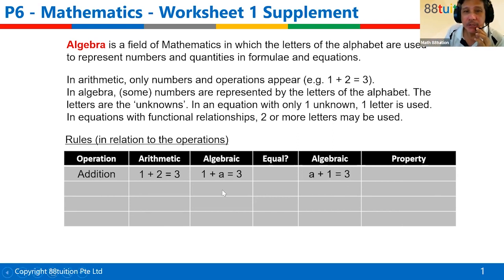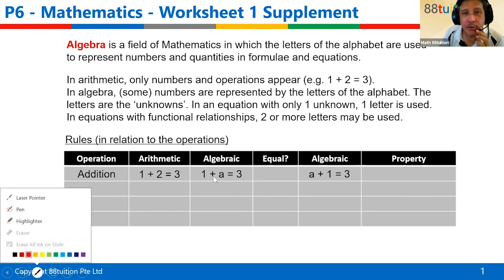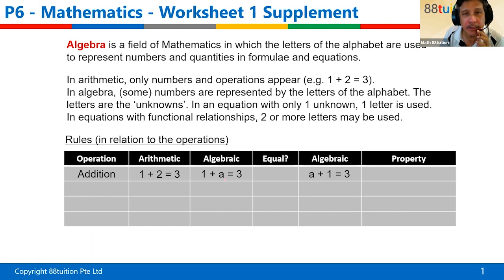Now, if I were to ask you the value of A, the value of A in 1 plus A and the value of A in A plus 1, are they the same?